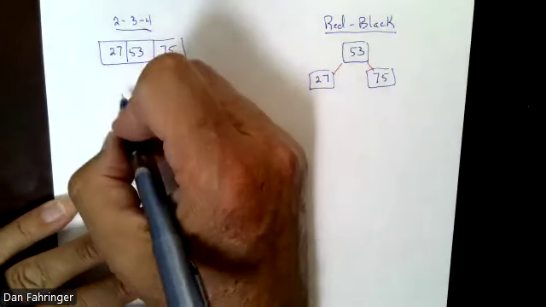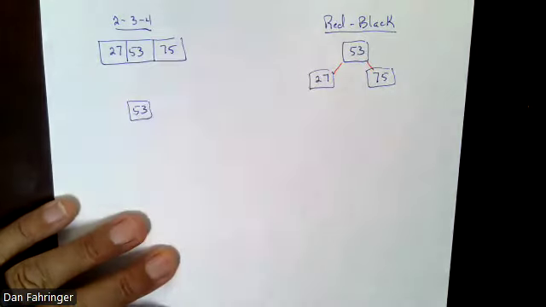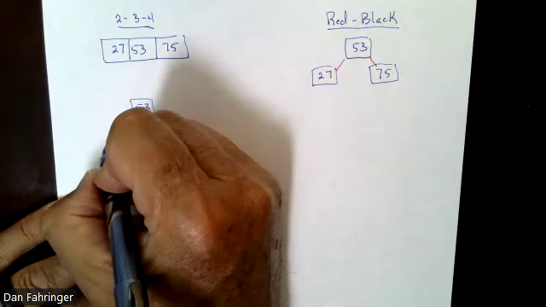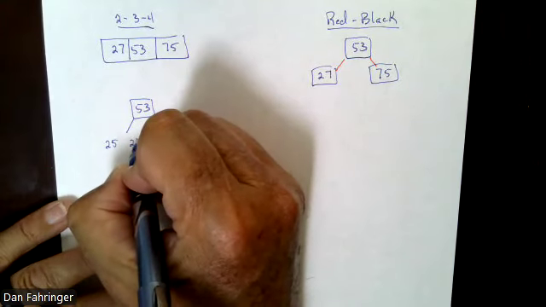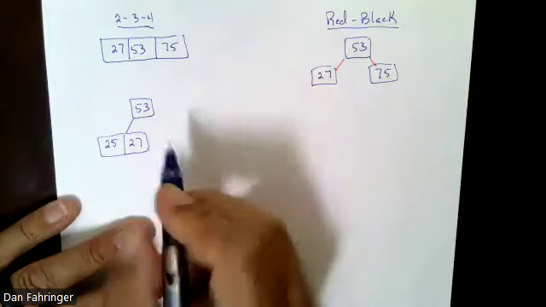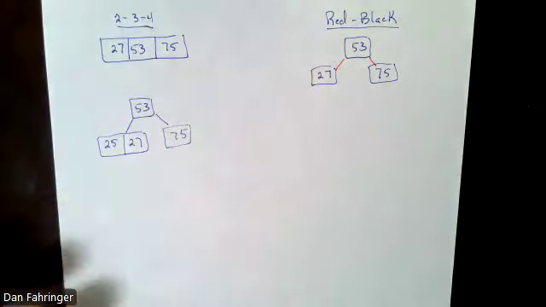All right, the next number that comes in is the 25. And that's going to cause us some problems. So here goes 53. Off to the left is 25 and 27. Off to the right is 75.